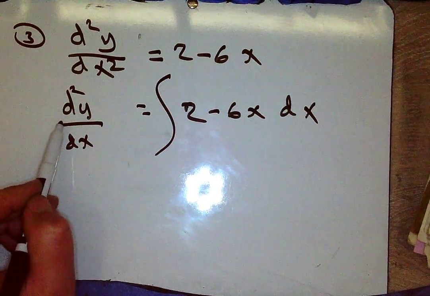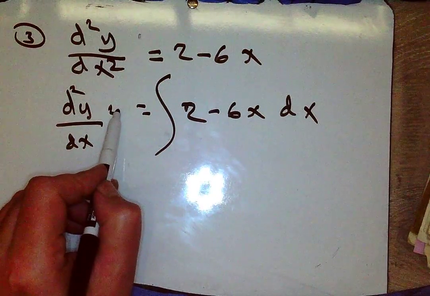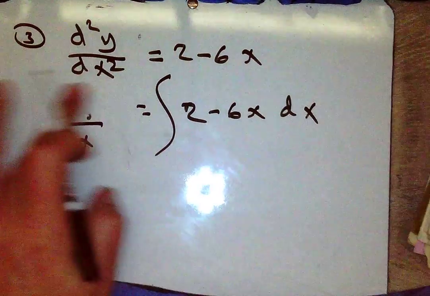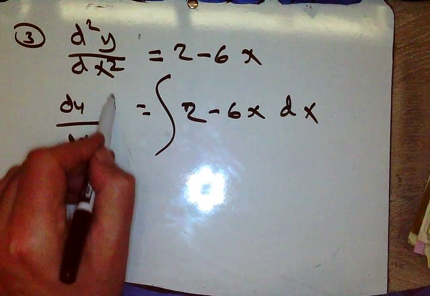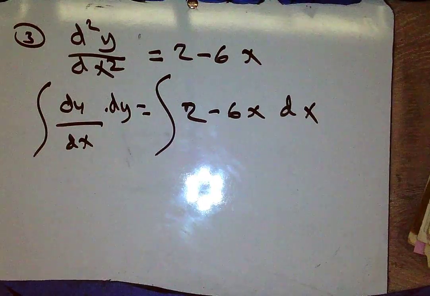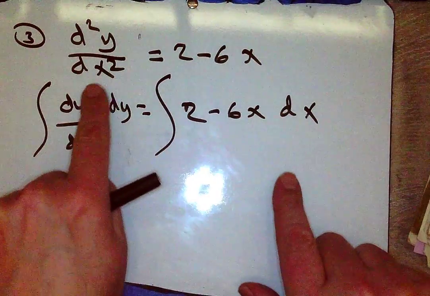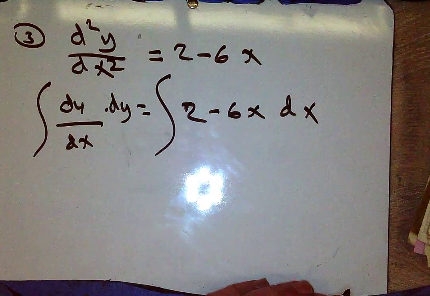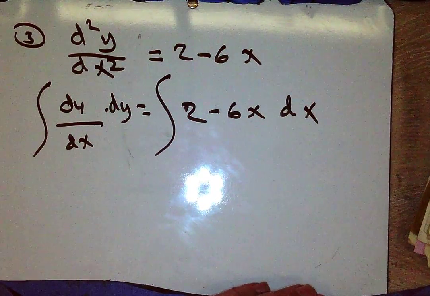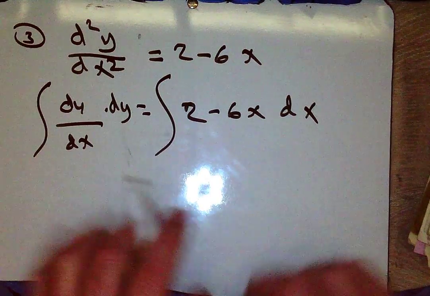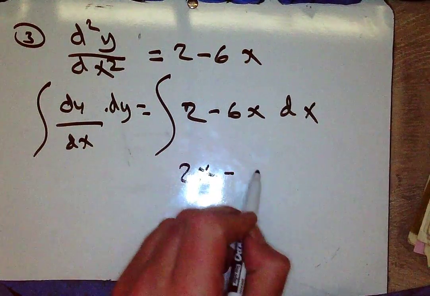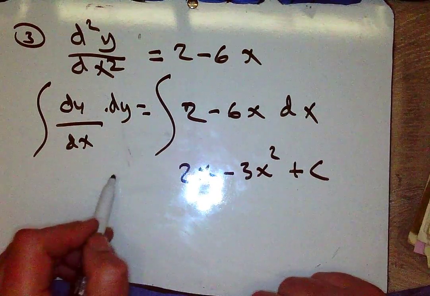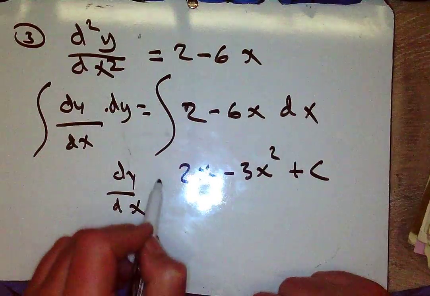It may be helpful here to write this like this. Yeah, because one of them went over there. I'm not quite happy over there, so let's look over here first. 3x squared plus c, and here I have dy dx, right?